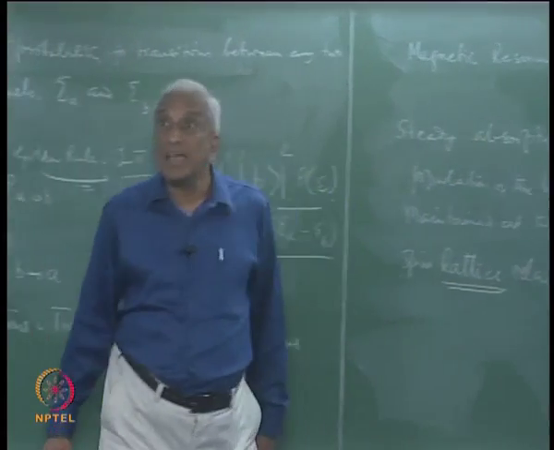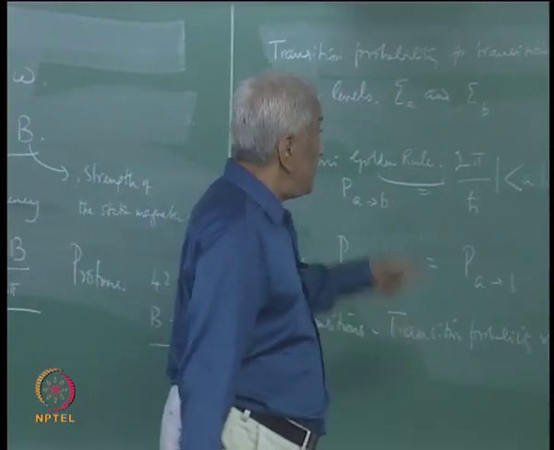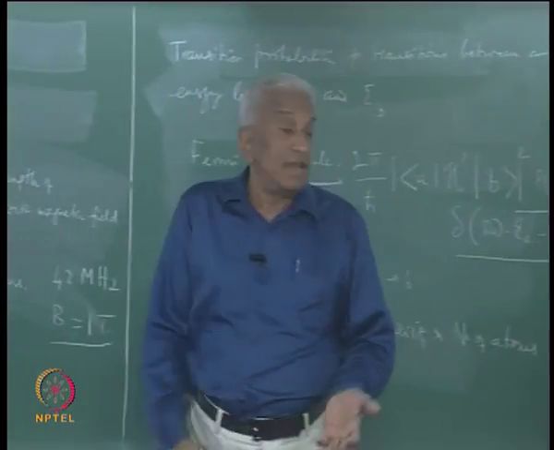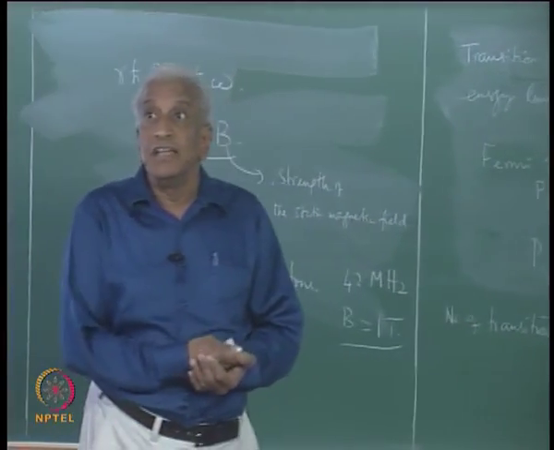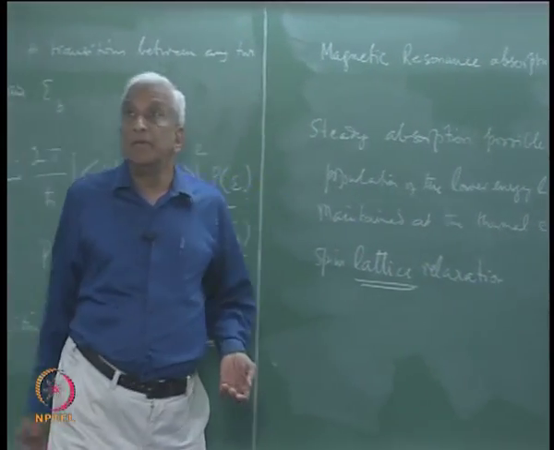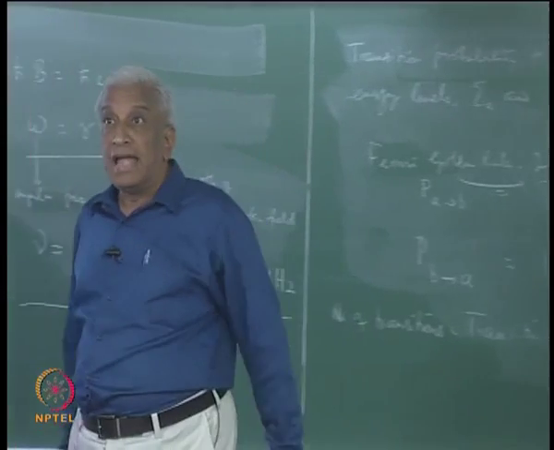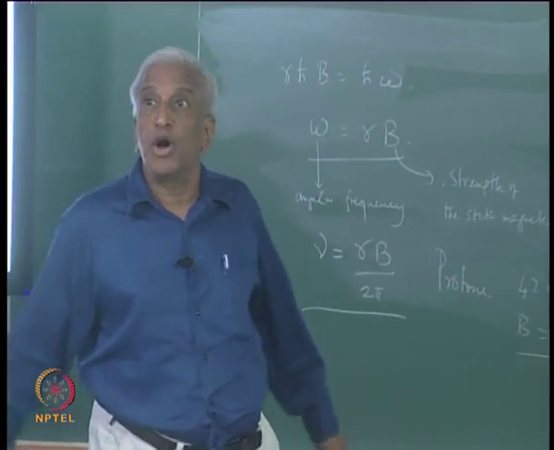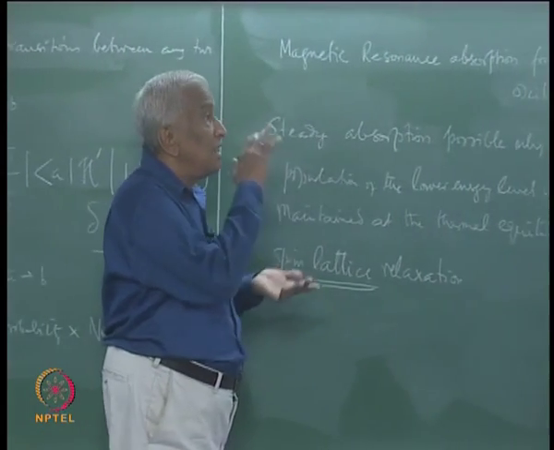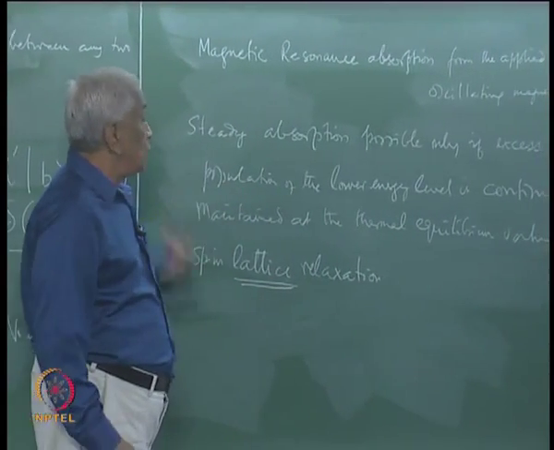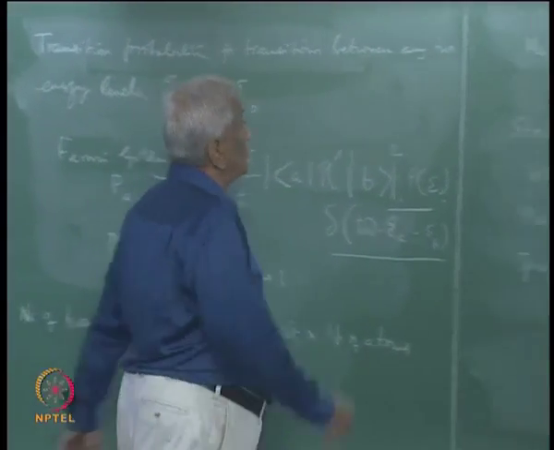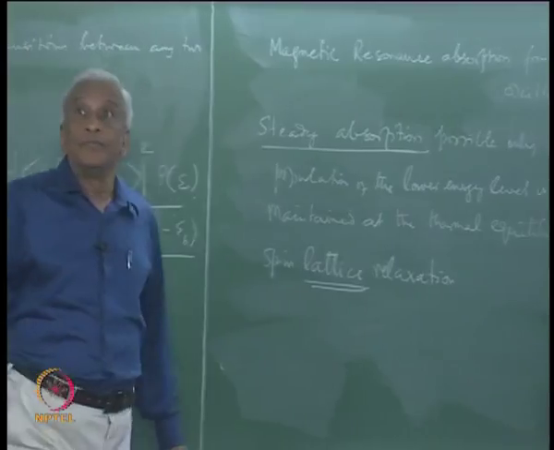So, it is called a relaxation process. It is the spin lattice relaxation which ensures that the energy absorbed by the spins is continuously transferred on to the heat bath, namely the bulk of water or the crystal lattice, which acts as a thermal reservoir, so that thermal equilibrium is maintained at the temperature of the nuclear spins. So, this is necessary in order for a steady absorption to take place.